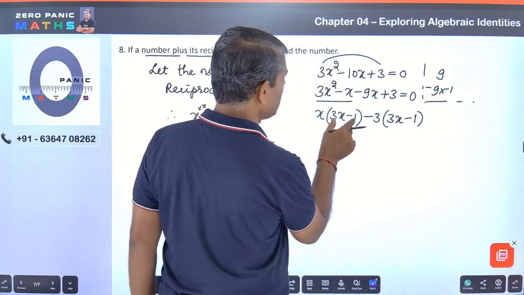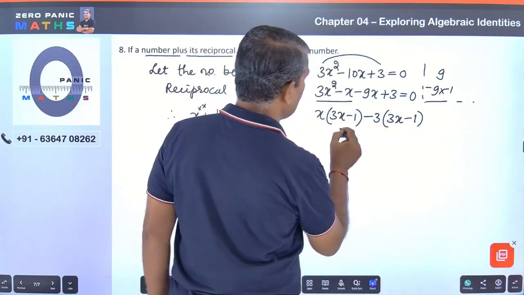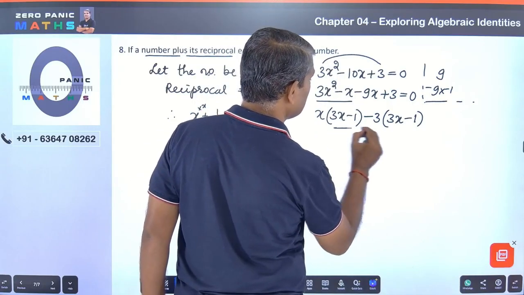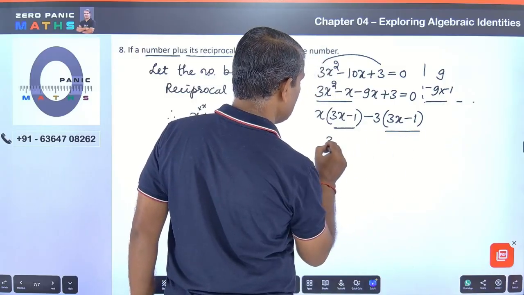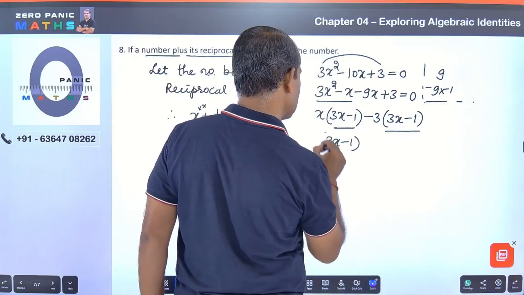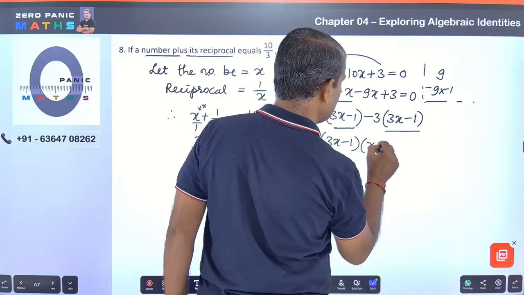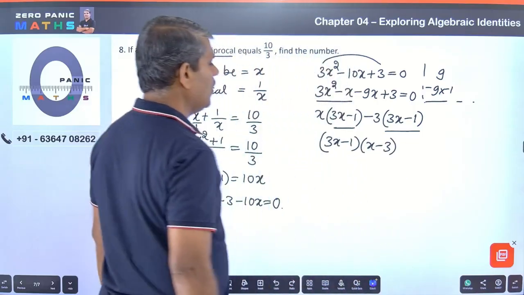Obviously it has to match this. Hope you are getting this. Take 3x minus 1 as common. What remains here is x and minus 3.